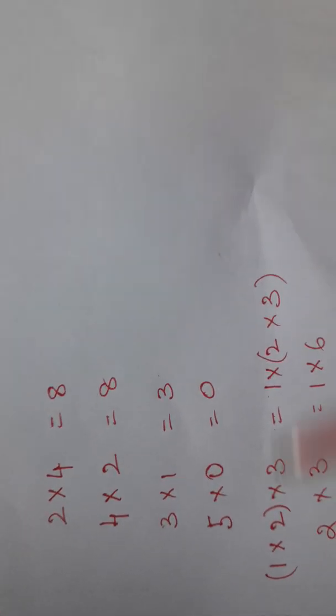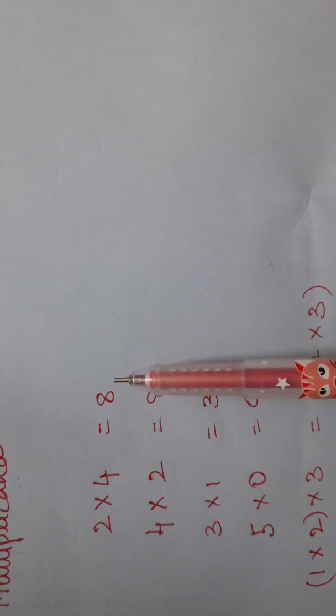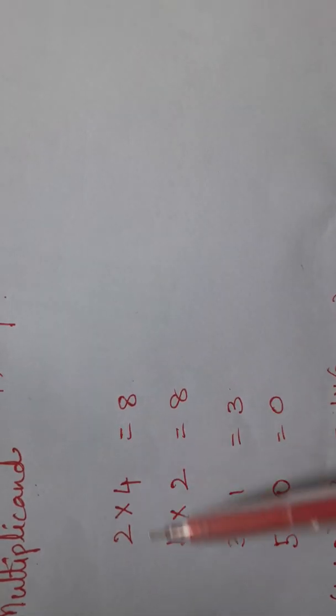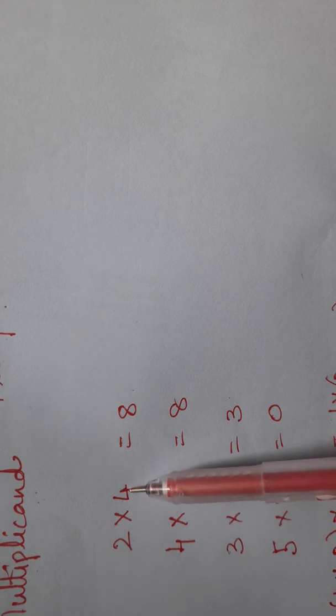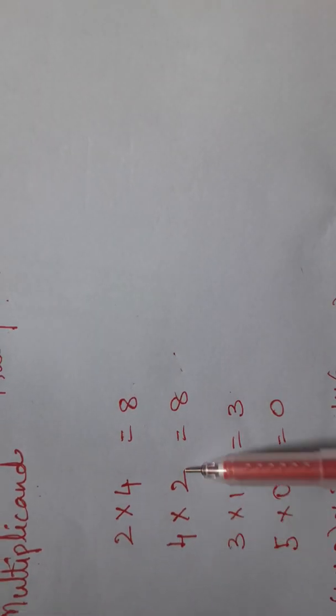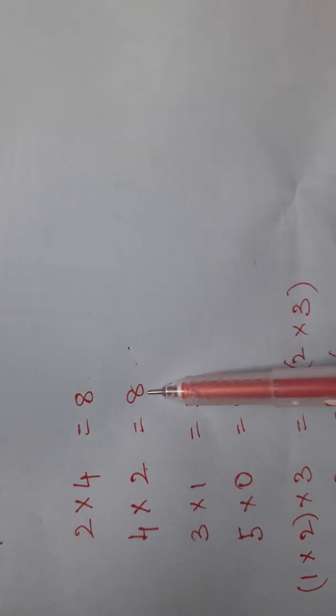Now we are going to see some results. So 2 into 4 is 8. 2 fours are 8. And if we change the order of the numbers, that is 4 into 2, it is again 8. So even when the order of the numbers changes, we get the same answer.